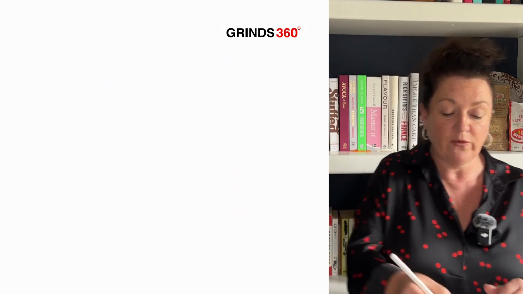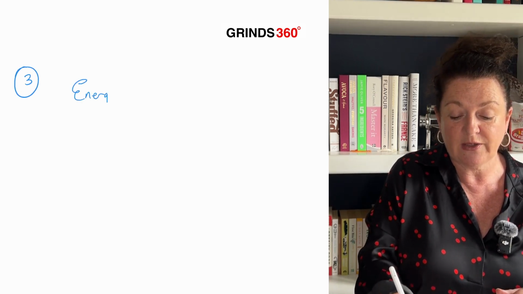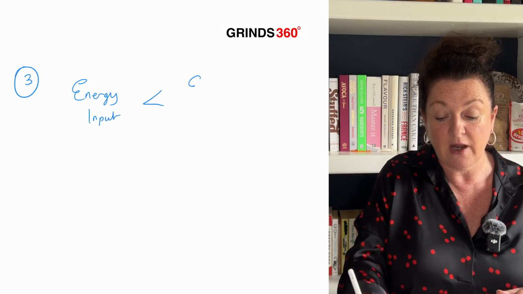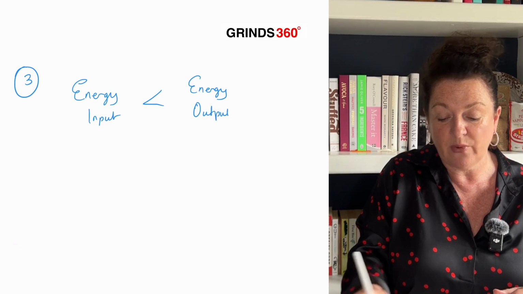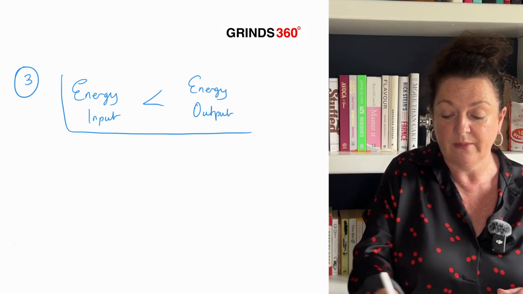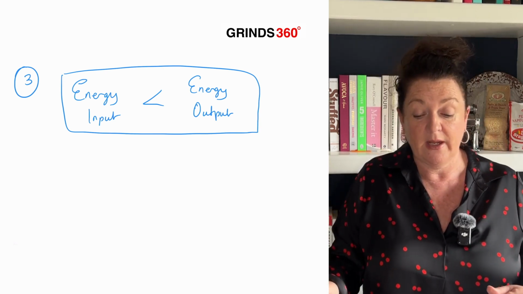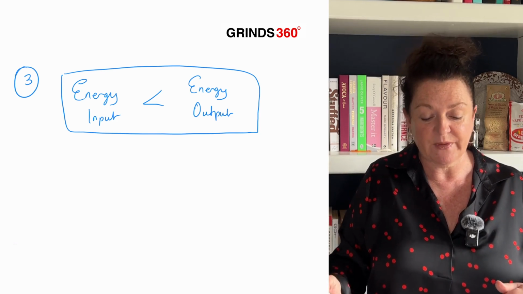And finally, we move on to our third point. Logic says we're looking at when our energy input is less than our energy output. Now, I suppose at some point in all our lives, we look at possible weight gain and we decide that we want to reduce that for health purposes.